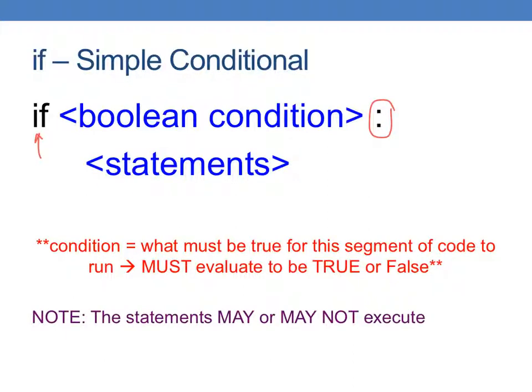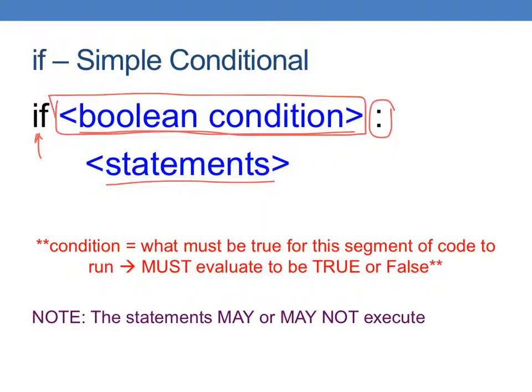We have these two statements in blue that can be changed, and it depends on the needs of your program. You will write a Boolean statement and it will go right here. This is the condition that needs to be met in order for your code to run. When your program sees this word if, it will go in and evaluate this Boolean condition.